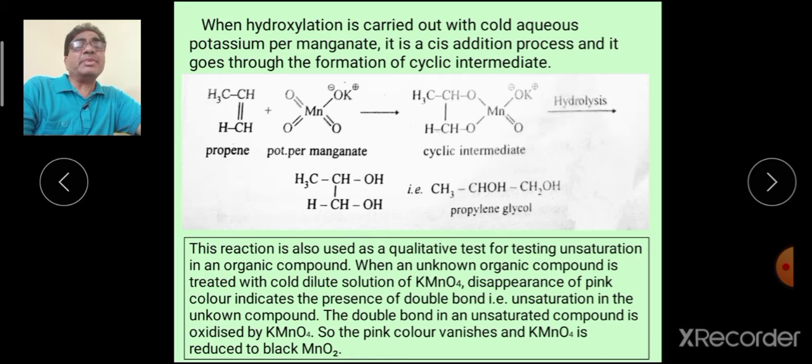That is the mechanism. This is the propene molecule and this is the potassium permanganate, KMnO4, these are the O4s.